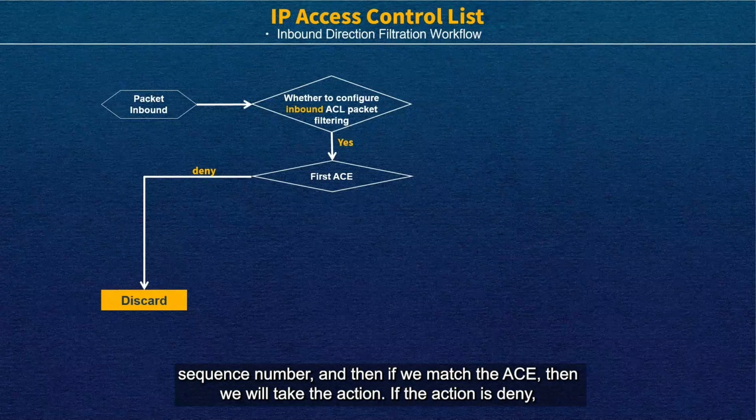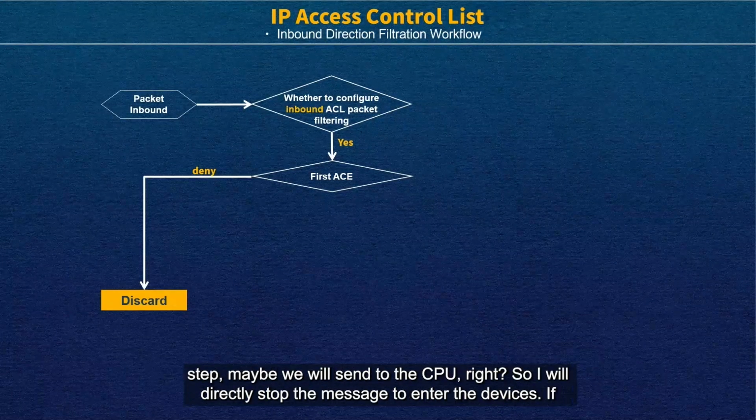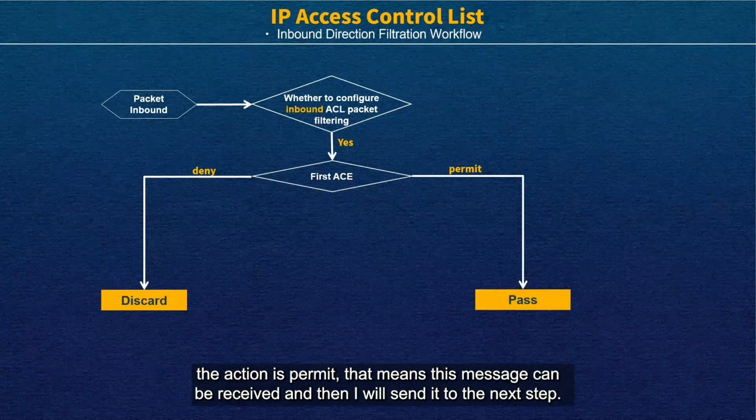If the action is deny, this message will directly be discarded. I will not take the message to the next step. Maybe we will send it to the CPU, right? So I will directly stop the message from entering the device. If the action is permit, this message can be received, and then I will send it to the next step.